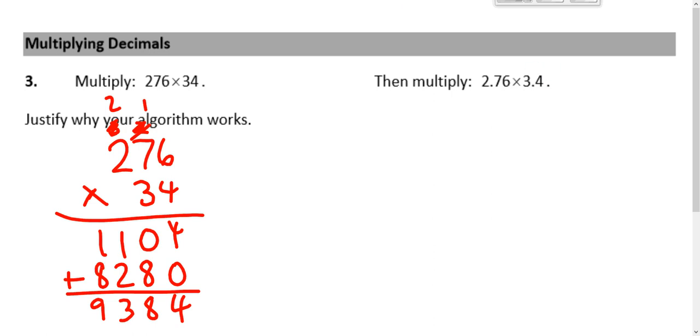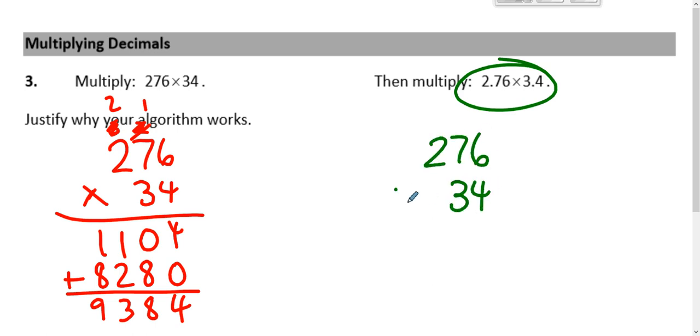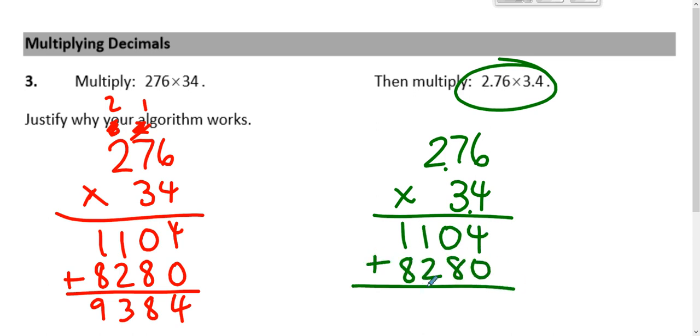So what changes when we come to here? What changes? Well, not much, right? You're taught to do this as if it were that, right? You're taught to do all the same things. You're taught to do it as if the decimal points weren't even there. But then you're taught to do this crazy thing.